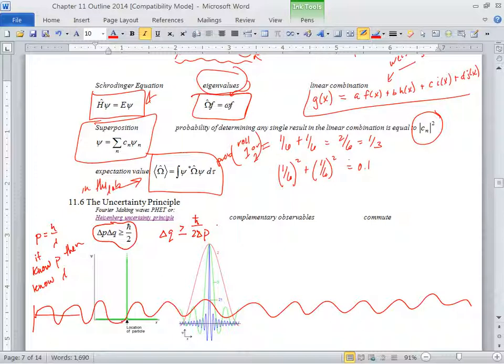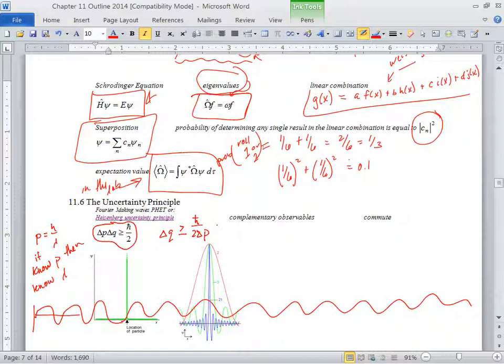So that means it could have an x component, a y component, and a z component. So they should be writing this 3 times. They should be saying delta p with little subscript x, delta x greater than or equal to h bar over 2, delta p with a little y, delta y greater than or equal to h bar over 2, and the last one with the z's. So that's why they have a Q in there. Just substitute in x, y, or z.